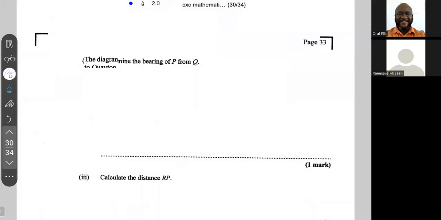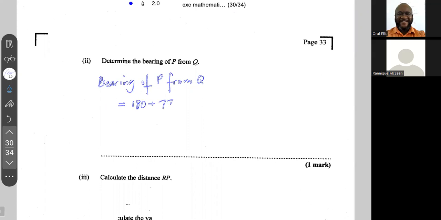So the bearing of P from Q is equal to 180 plus 77 plus 56. So that becomes 313 degrees.